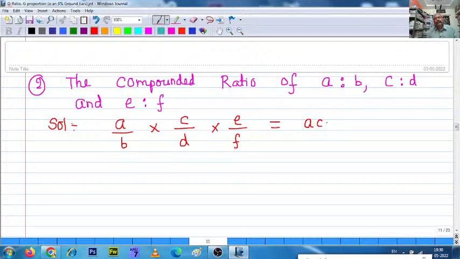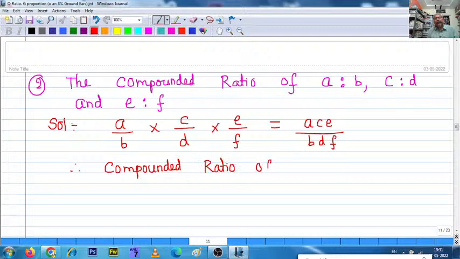A into C into E divided by B into D into F. Therefore, the compounded ratio of A is to B, C is to D, and E is to F is equal to, then what do we write?